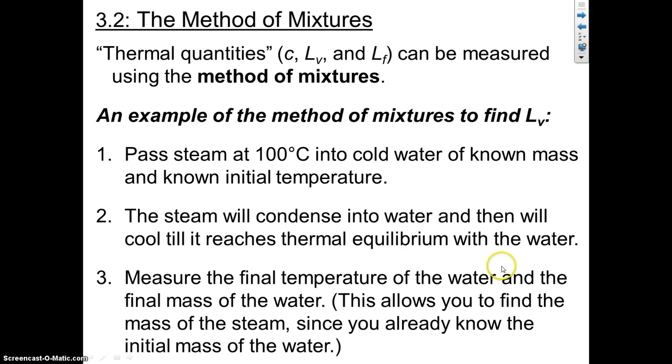Then you measure the final temperature of all the water together, the initially cold water and the initially hot water, the 100 degree water. And you also measure the final mass of all the water together. Once you know the final mass of all the water, you can subtract from it the mass of the initially cold water in order to find the mass of the steam.